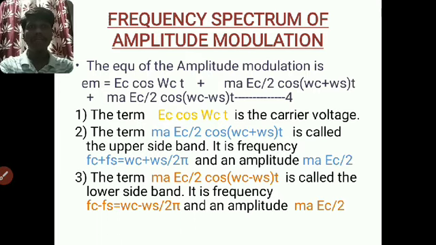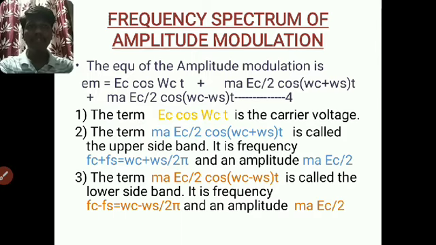As told in earlier classes, Ec cos omega c t is the carrier voltage, Ma Ec divided by 2 cos (omega c plus omega s) t is the upper sideband, and Ma Ec divided by 2 cos (omega c minus omega s) t is the lower sideband.